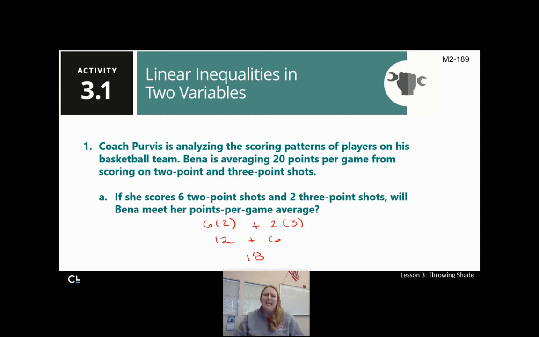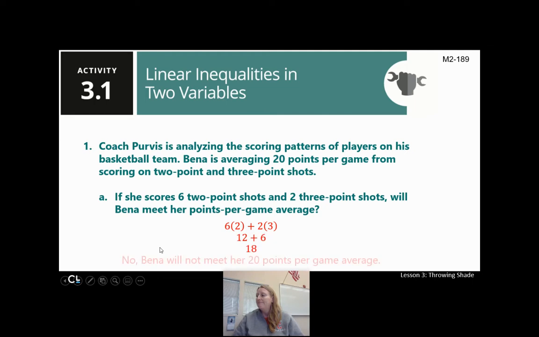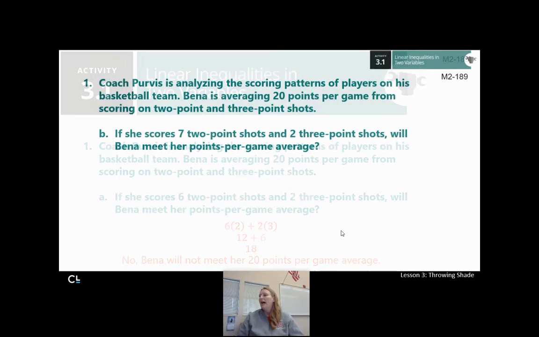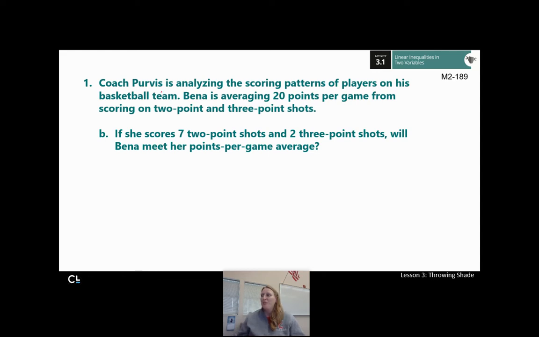If she scores 6 2-point shots and 2 3-point shots, she will not be meeting her average. So Benna will not meet her 20 points per game average. But of course, we have option B.